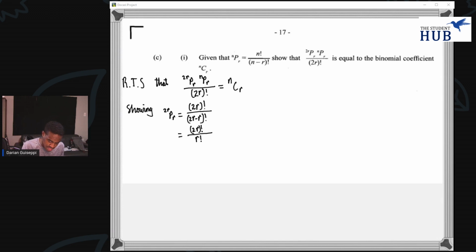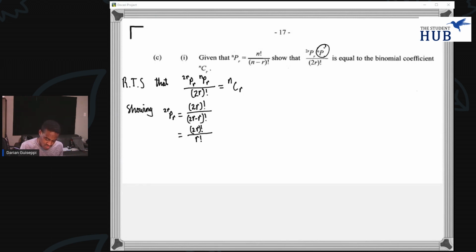Instead of n, you plug in 2r. That's how we get 2r factorial, and instead of n here, you plug in 2r as well. So that's how we get this. Then it's just a matter of simplifying, because 2r minus r gives you r factorial. So that's this first little part there.